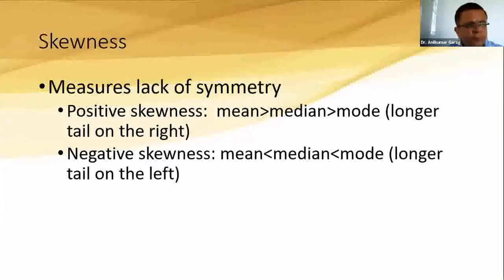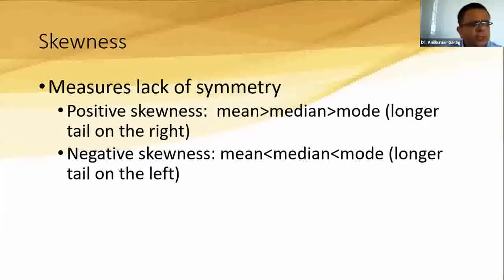If the mean score of all the students was 50% and median was also 50%, mode was also 50%, that would mean that this is a normal curve and it's a symmetrical curve. But there is a possibility that there is positive skewness, that is mean being higher than the median and than the mode.